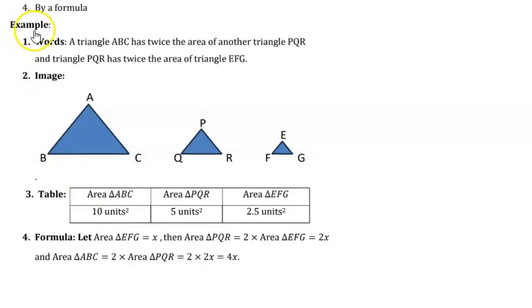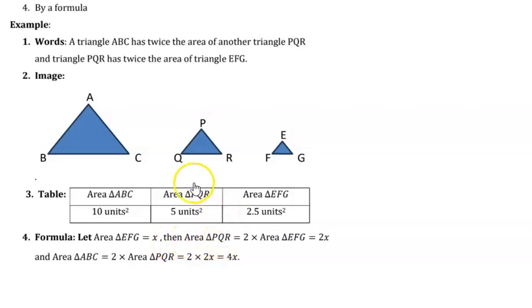The last one is by using a formula. So if we want any relationship to be known, not just the specific values 2.5, 5 and 10, then we can say let the area of triangle EFG be x units squared.